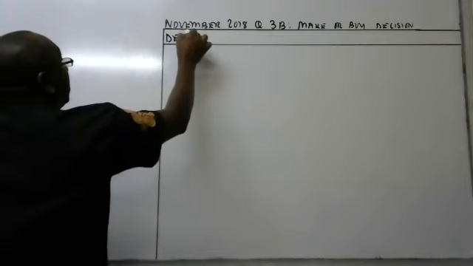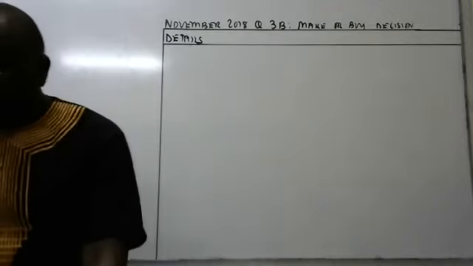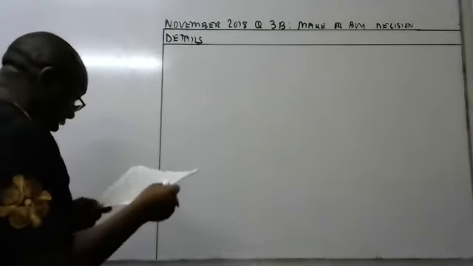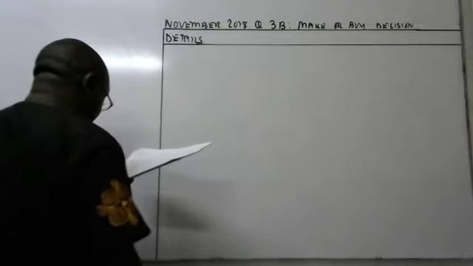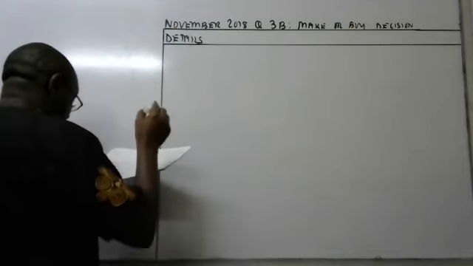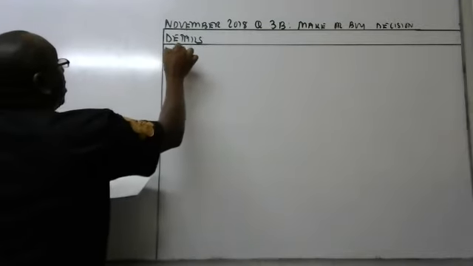So we have details here. We have a column of details. Now in that one, we will need to bring direct materials costs.